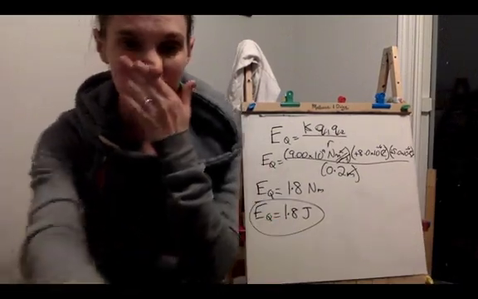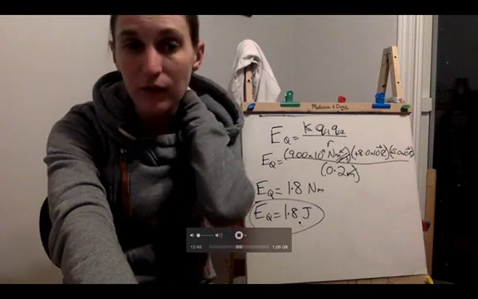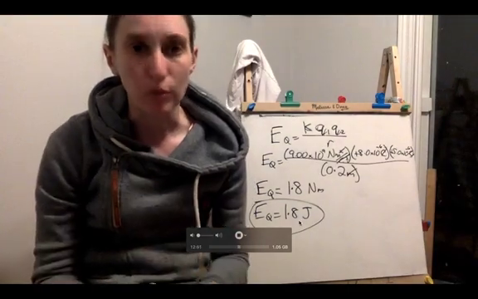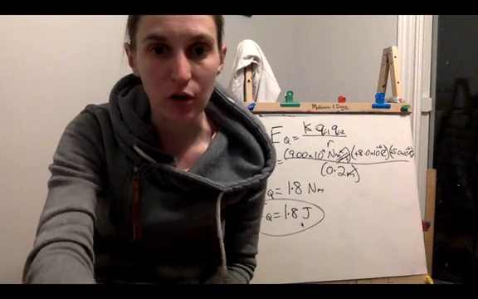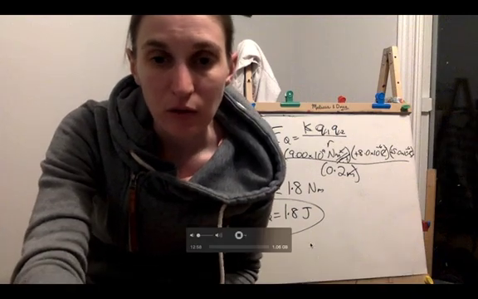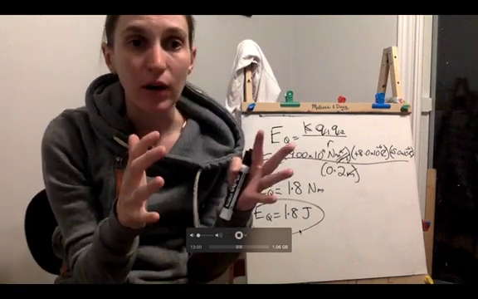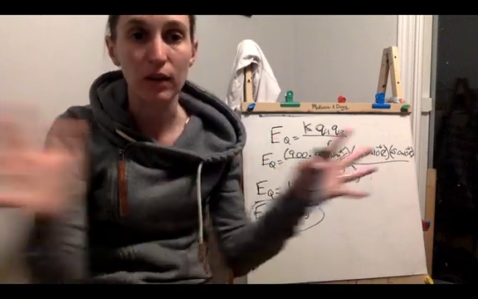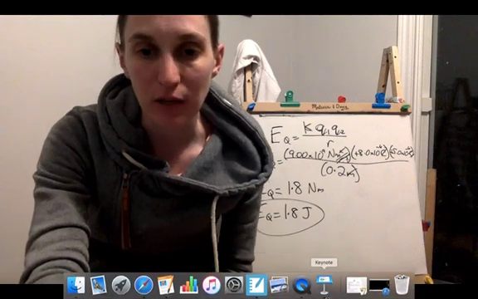It makes sense for this value to be positive because both of those charges were positive, they were both like charges. Work had to be done trying to keep those together, because naturally they wanted to pull apart since they're like charges.